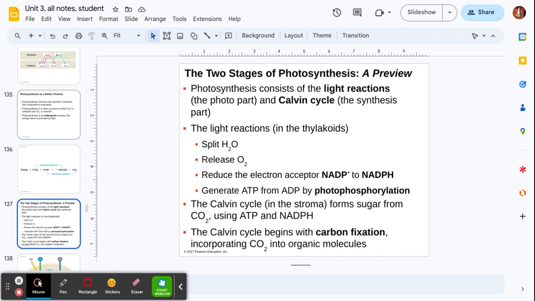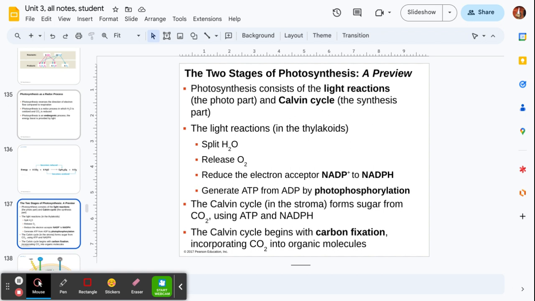So in cell respiration, what was our taxi that we used? NAD became NADH, right? And FAD became FADH2. So we had two carriers. We also have a carrier in photosynthesis. It's not the same one.